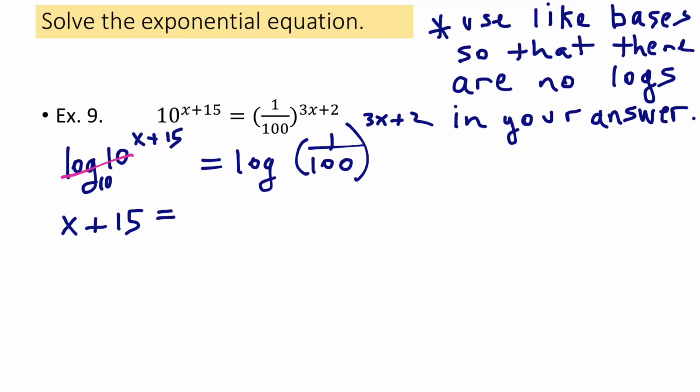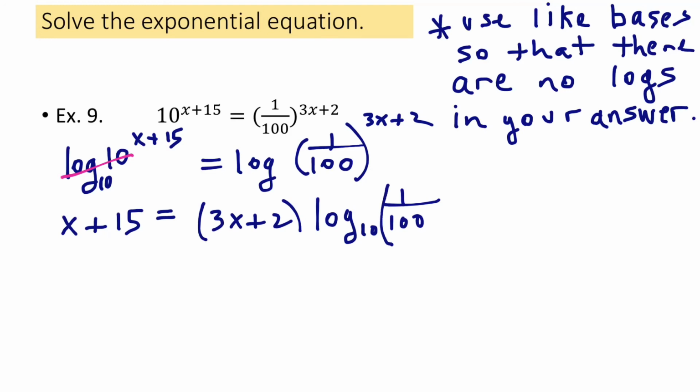Using the power rule for logs, we're going to take this power, we're going to put it out front. 3x plus 2 log, I'm going to write the 10 in here just so it looks more consistent with how we're reducing logs. Log to the base 10 of 1/100. All right, now we want to look at this and see what we can do with this part of it over here.